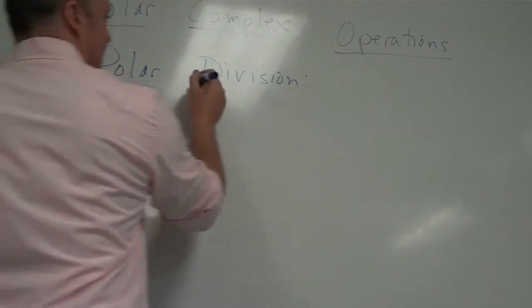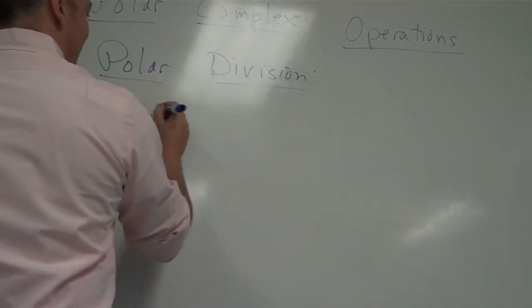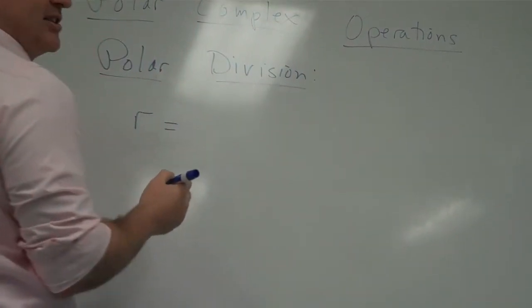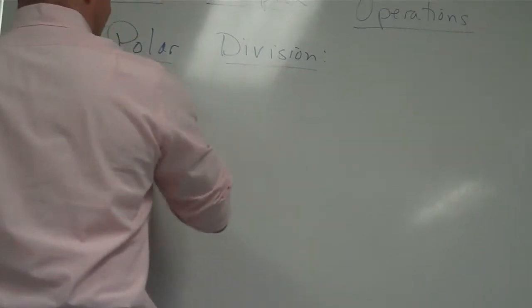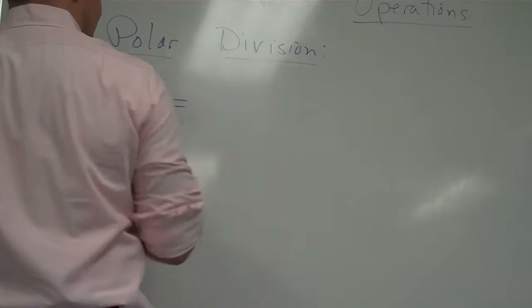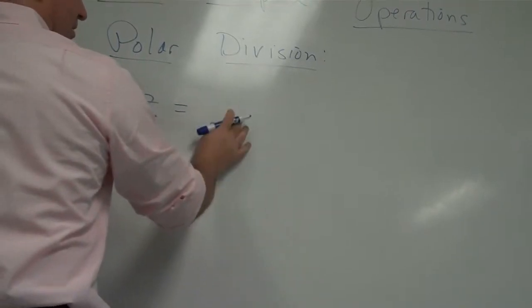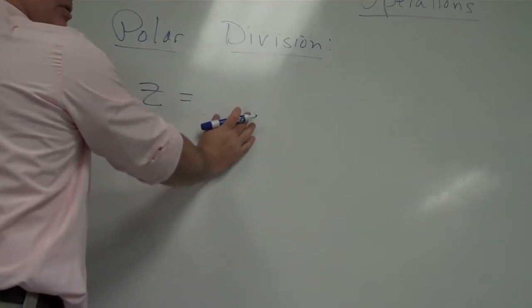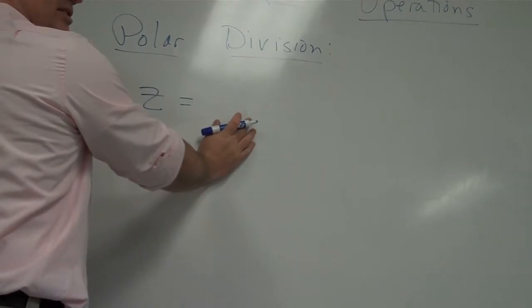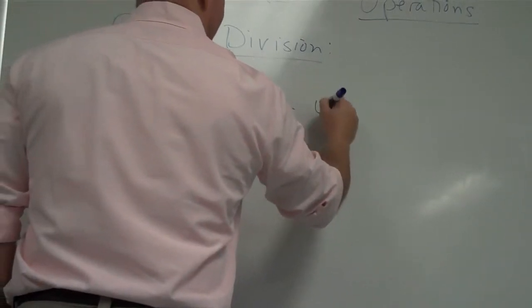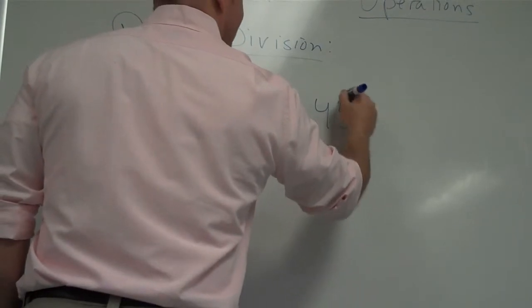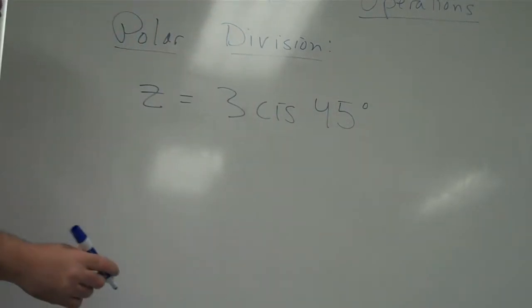Polar division. Give you an example. What was my example from last time? For multiplication. What were the two numbers I gave? It's 3 cis 45 and 2 cis 30. Here's a notation your book will use sometimes.